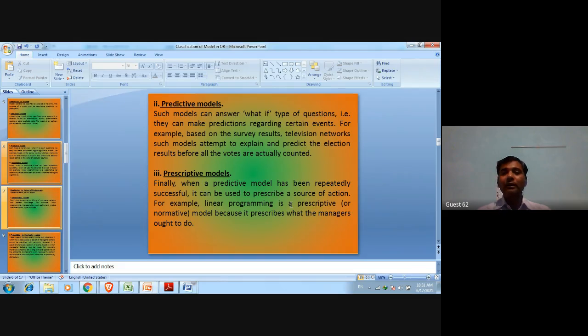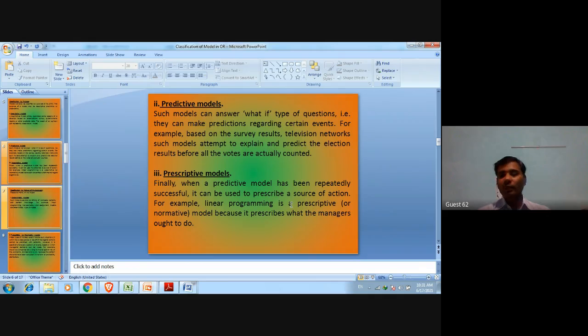The prediction could be wrong and also right, so there are chances that it could either fail or succeed. When predictions are made from opinions, surveys or questionnaires, and questions of what if are asked, these types of models are called predictive models.